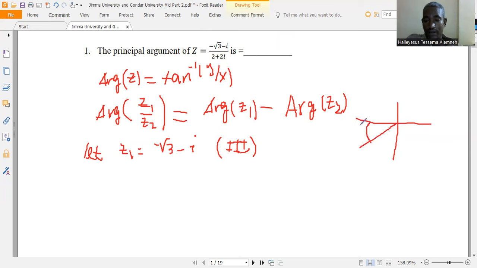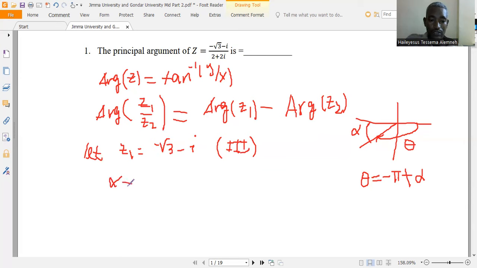Call this angle alpha, and the argument we want is this one, theta. Theta is equal to minus pi plus alpha. So what's alpha?